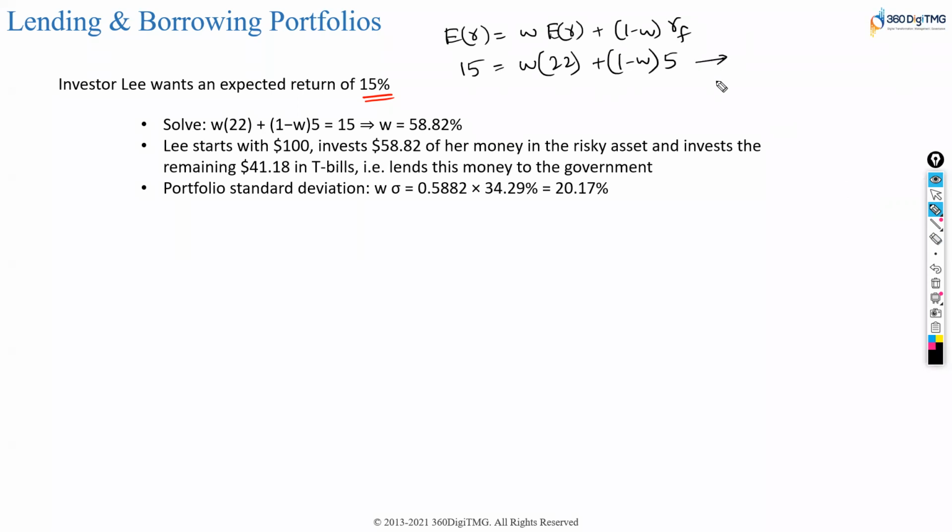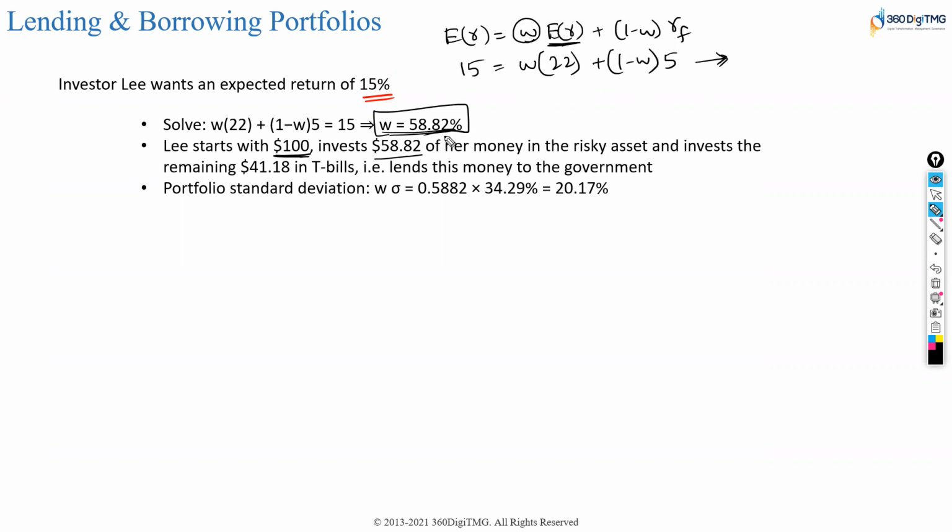When you solve this, you get W equal to 58.82%. So if Lee starts with $100, since W equals this, Lee wants to invest $58.82 in a risky asset.